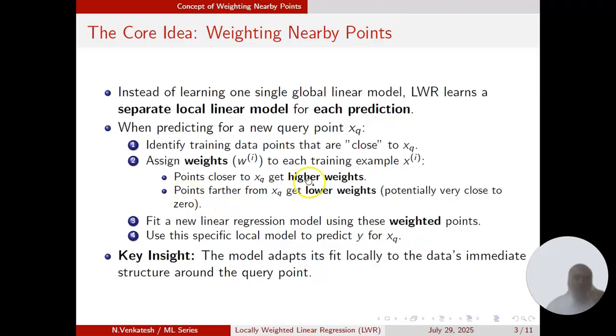The points which are close to the given prediction point, or query point, will get higher weights, and the points which are farther get lower weights. Now fit a linear regression model with these weighted points and use that local model for prediction.